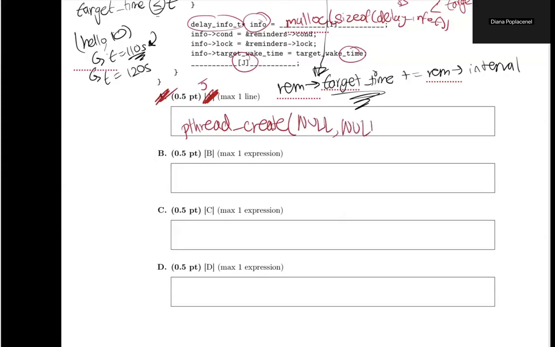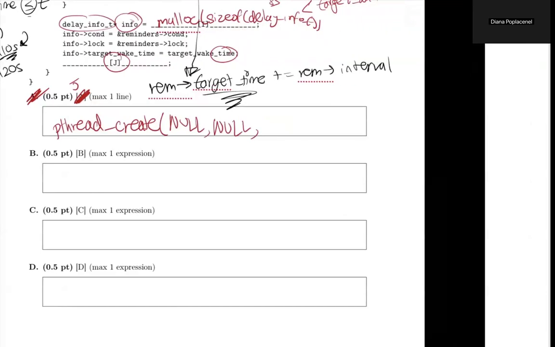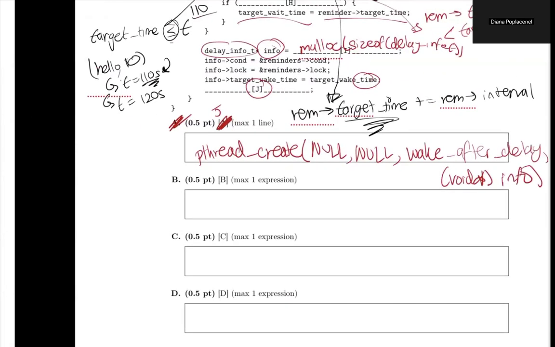You don't need to store the create a thread information. You just need to run it. That runs wake after delay, and that takes in this info struct that I previously allocated with the condition variable and lock for the reminders list. This is what I alluded to before: in the delay info struct declaration, we have a pointer to a condition variable and a lock.